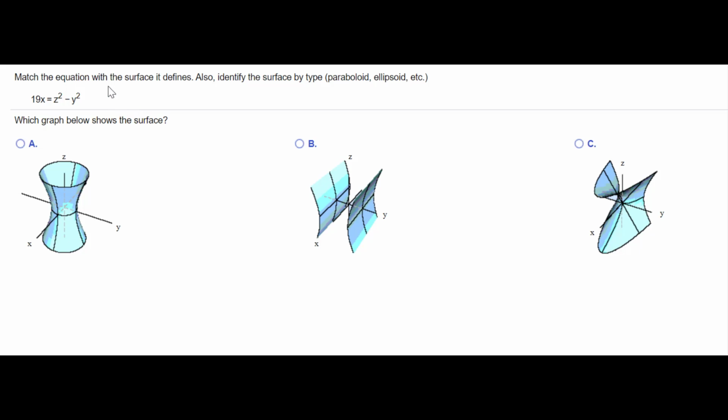And so your hyperbola shapes are basically going to be, if you slice your coordinate system at x values, z squared minus y squared equals some x value. Imagine, if you can, taking a slice out of this shape toward the back half of it.